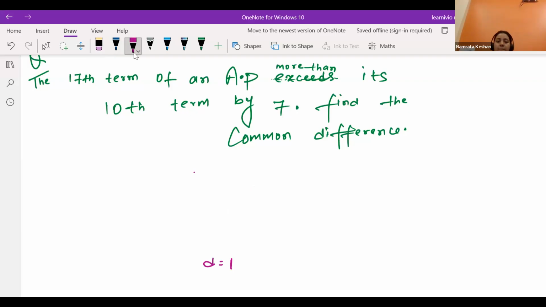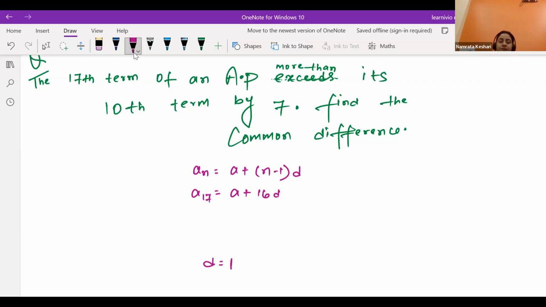So basically it says the 17th term, so 17 is n. So we can write an = a + (n - 1)d. We can substitute it: a17 = a + (17 - 1)d, so it becomes 16d.